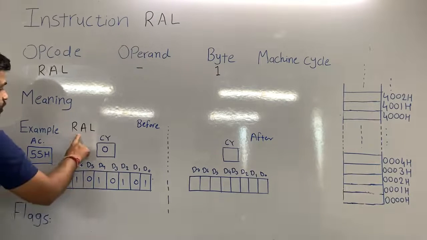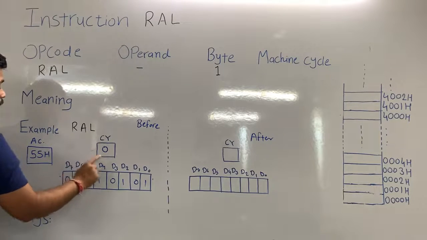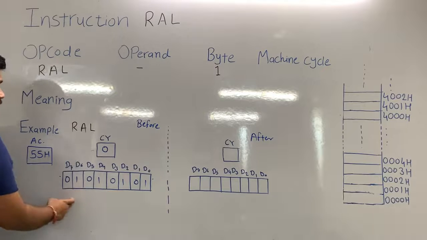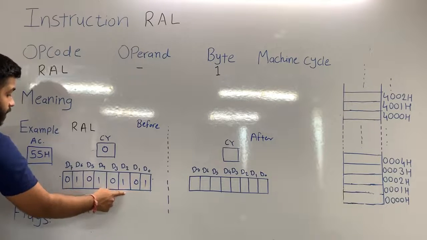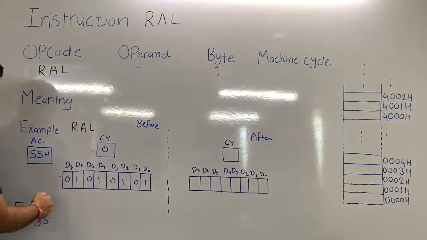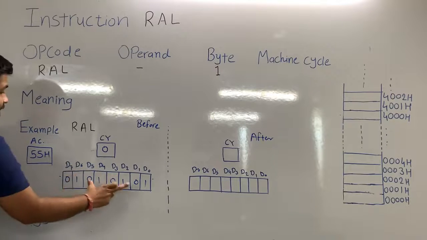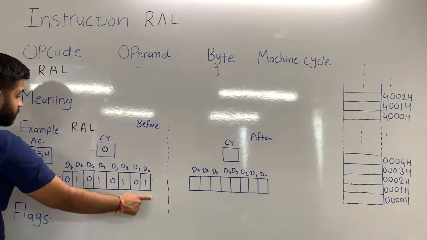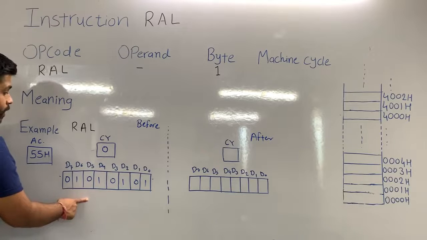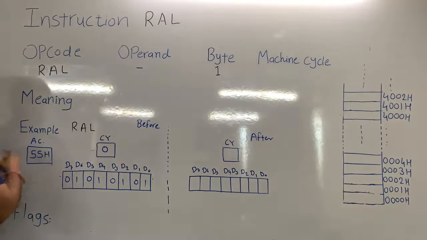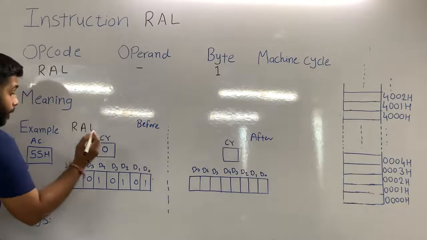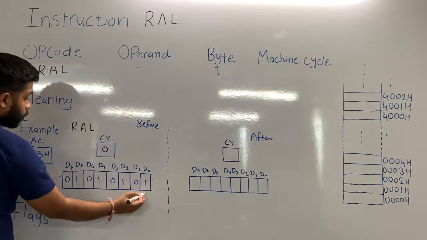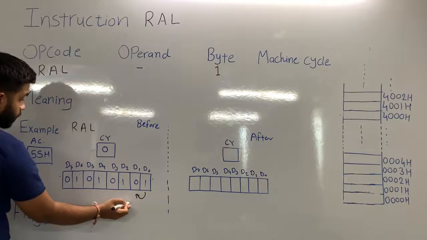When this instruction is executed, the content of accumulator will be shifted by 1 bit towards the left side. I am repeating, the content of accumulator will be shifted by 1 bit toward the left side. So let's see what happens when this instruction is executed. RAL when executed, the bit which is present in D0 will be shifted to D1.